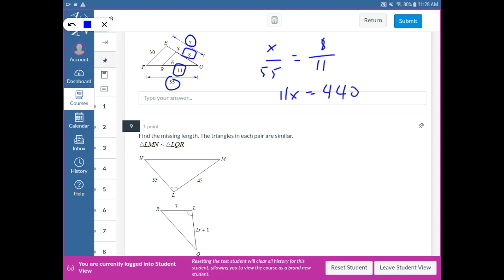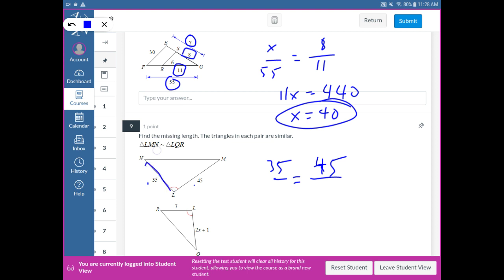All right, here's 6.3. So the good thing about these is a lot of them are set up how you need to do them already. Like all of these are. Kind of nice, huh? Okay, so here we go. These two equal these two.